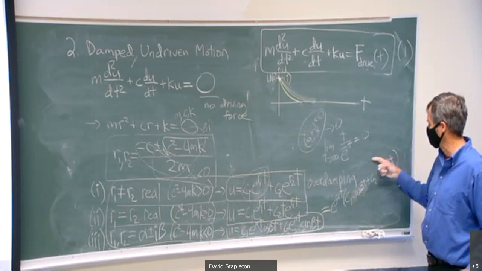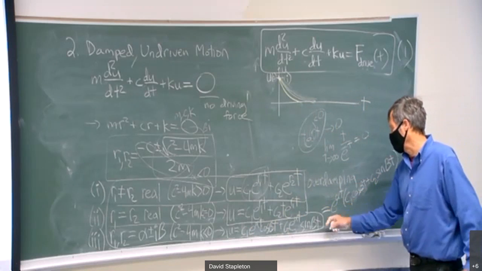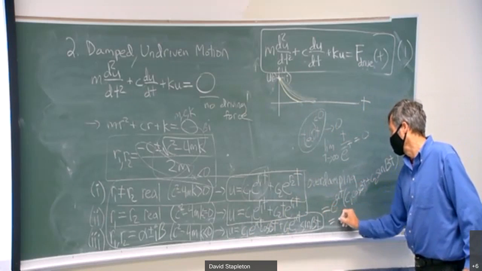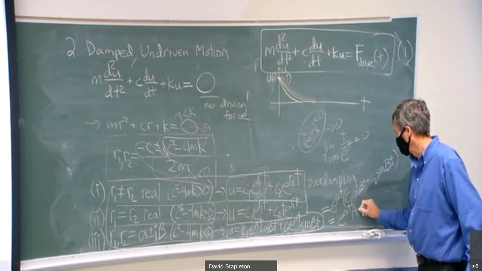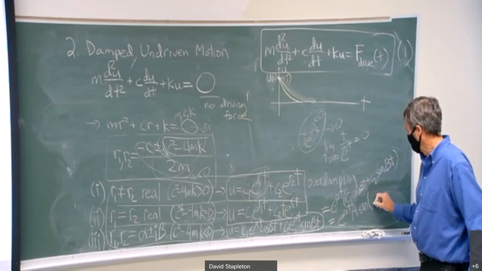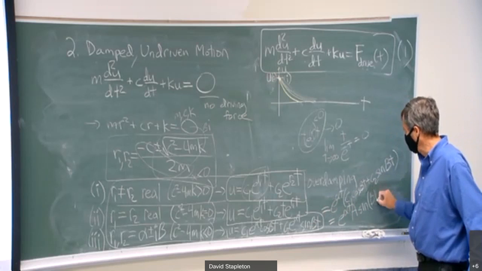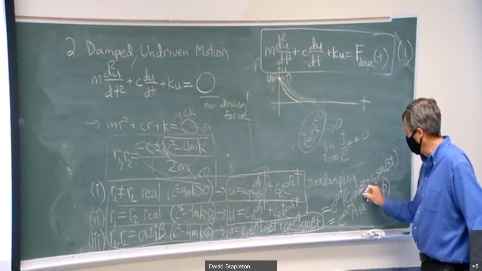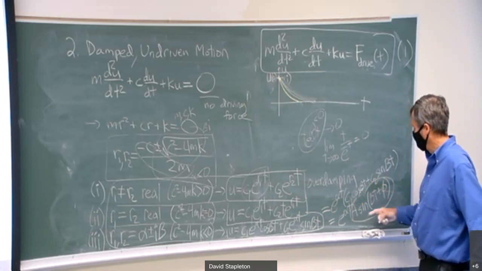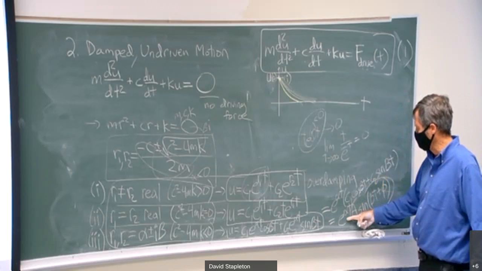This one can be written as a single sine wave. So the last case here only, you can write it as e to the alpha t times a sine of beta t plus phi, a single sine wave times a decaying exponential. Remember, alpha is negative.